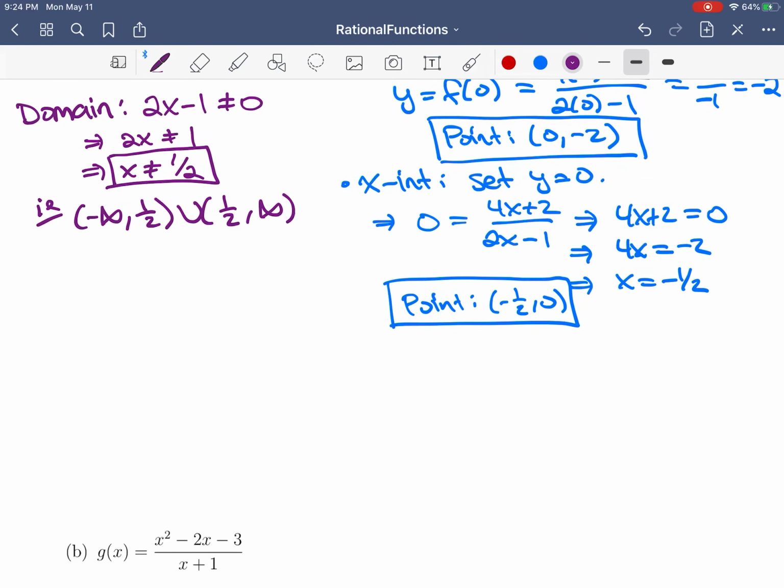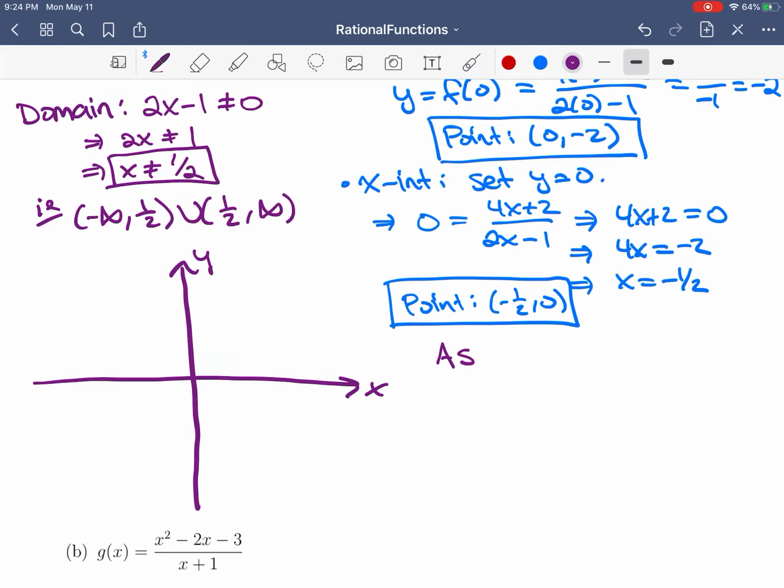Okay, now let's think about here. I'm going to put my graph over here. Let's have my axes. Now we want to think about what happens as I approach the point that's not in the domain.